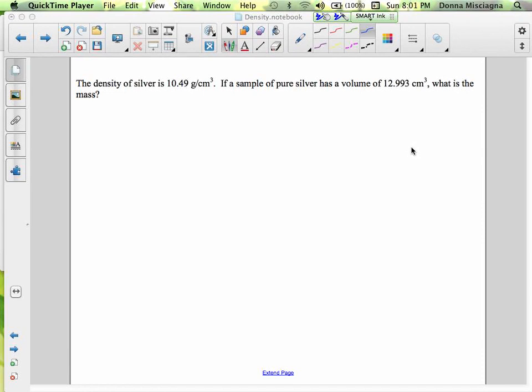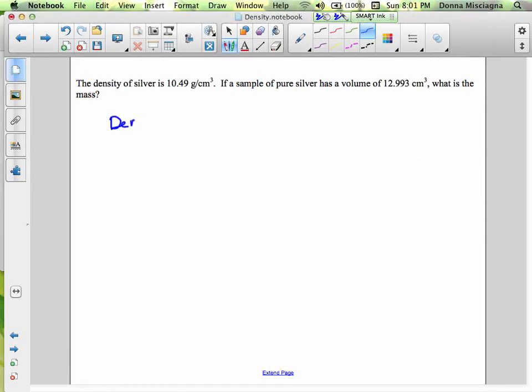And you can remember the formula we had from the previous page, or you can just set up the density equation. So density equals mass divided by volume. Right? And so here we know the density.